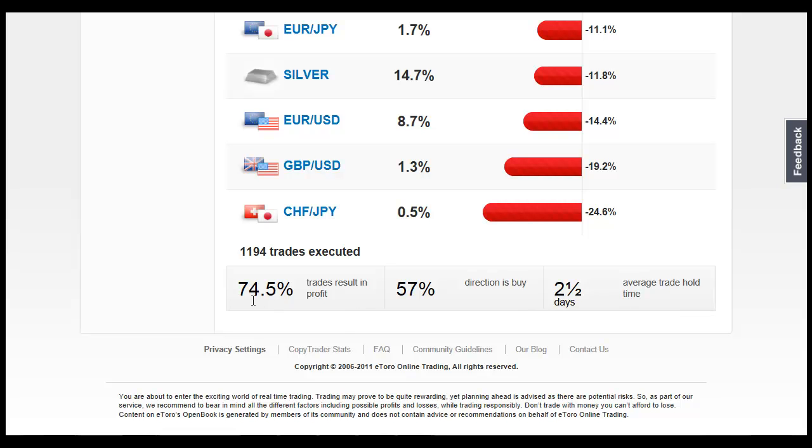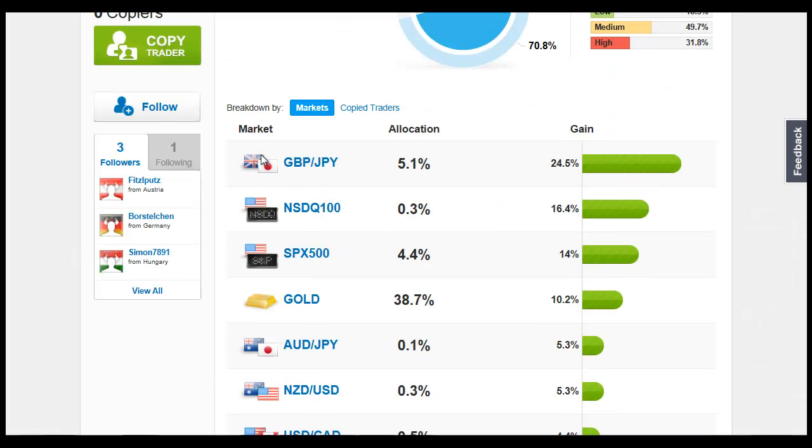He has a good winning ratio, although this is not exactly the highest parameter important when you look for a long-term trader, but it is still important to see that your trader has at least most of his trades on the positive side. You also see this trader is good in exploiting the pound yen pair, which is of course a good pair to trade on when you're looking for a long-term trade, since it tends to go up more than others.